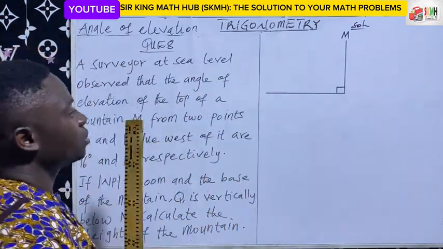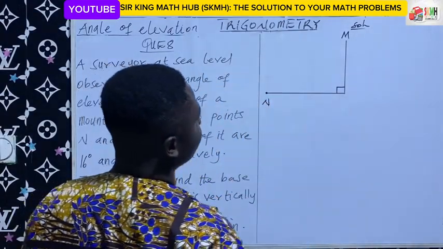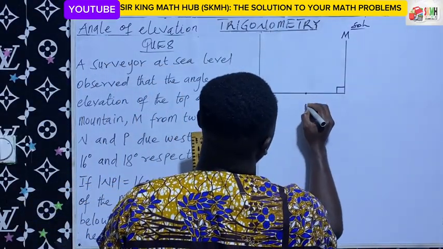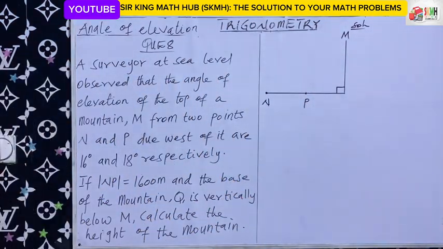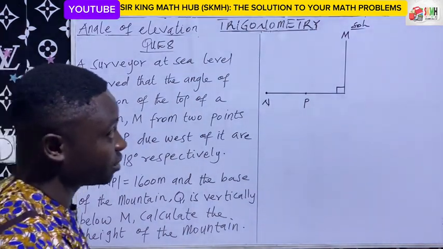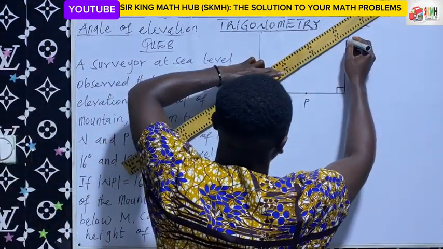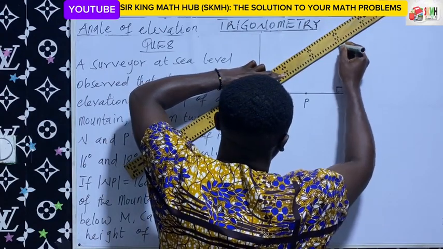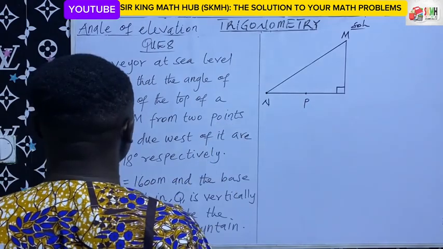Take note. So now these are the 2 points: one point as N, and the other point as P. With this we can observe the angle of elevation of the top of the mountain from these 2 points, starting with N. What is the angle of elevation here?